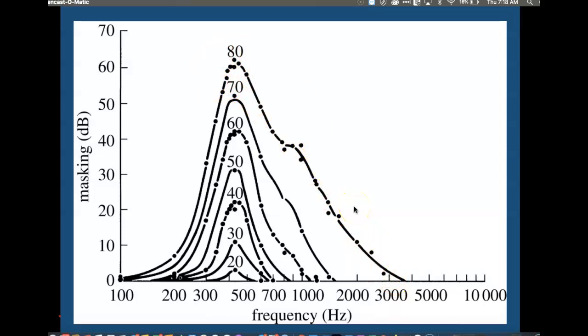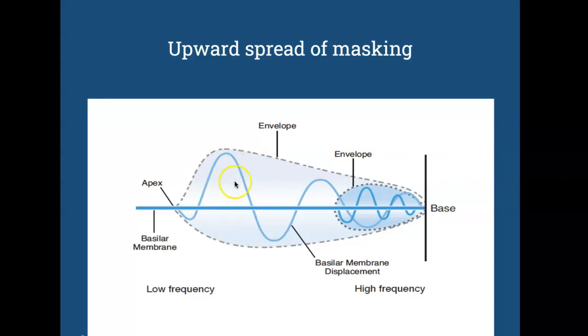There's a visual of this in your book as well. When you have a lower intensity, low frequency masker, around 400 and some, the masking is pretty localized to that region. But as you go up in intensity to 70, 80, 90 dB, you start to see this additional high frequency masking that occurs. That occurs because, if we go back, as this low frequency masker gets greater in its intensity, the envelope starts to get very high up here.